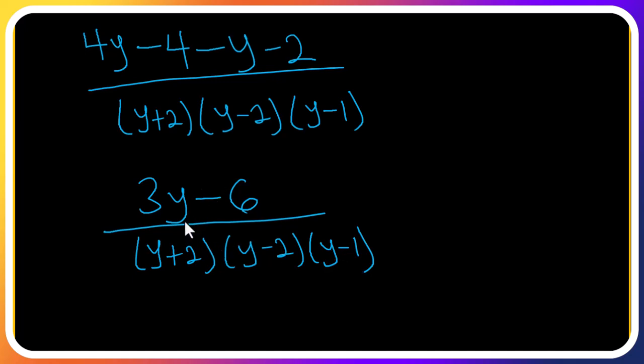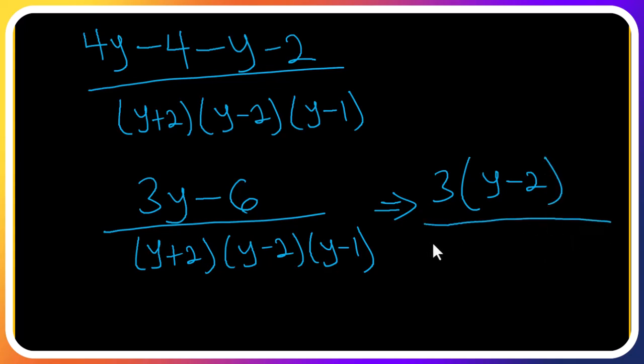So at this point, we move on to finding the common factor to simplify the expression over here. Now for the numerator part, we have a common factor 3. So 3 out, y minus 2, dividing the denominator y plus 2, y minus 2, y minus 1.